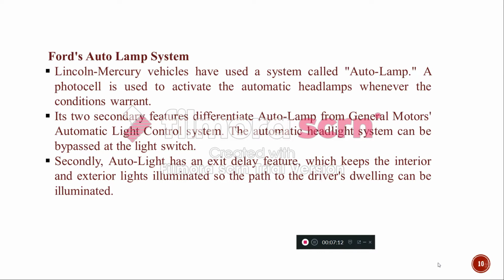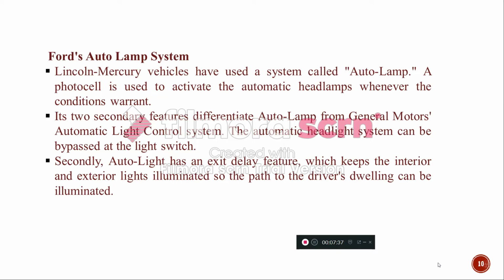In this, Lincoln and Mercury vehicles have used a system called Autolamp. A photocell is used to activate the automatic headlamps whenever the conditions warrant. It has two features. One of them is that the automatic headlight system can be bypassed at the light switch.